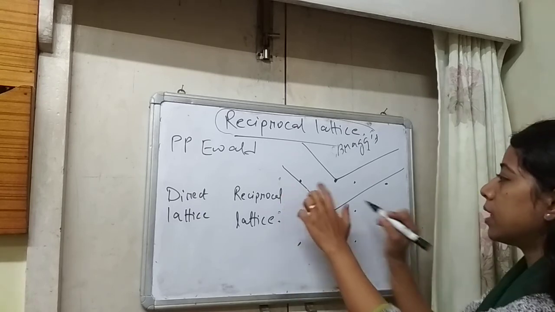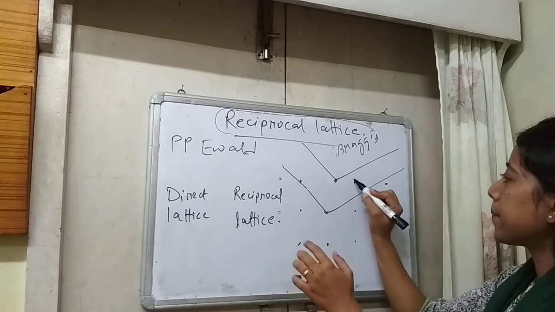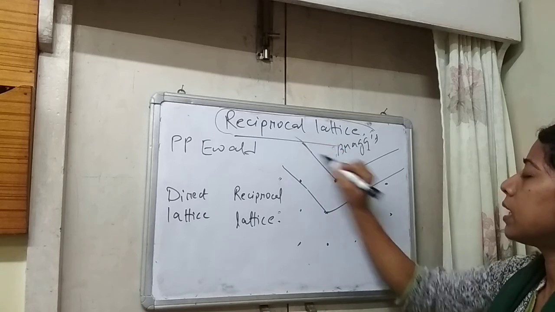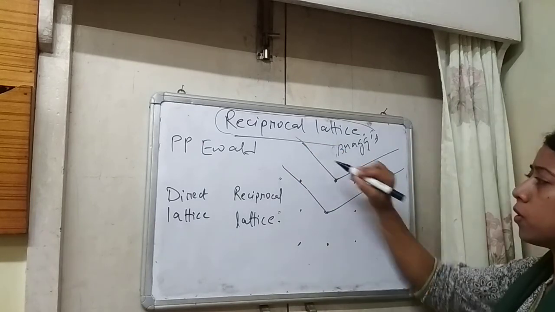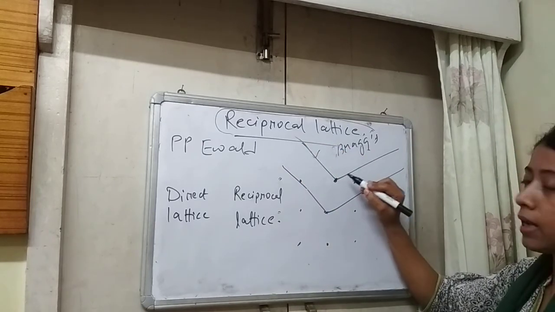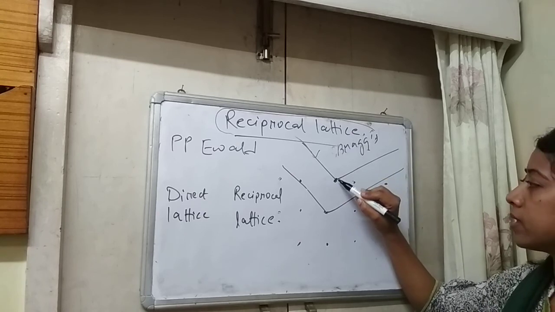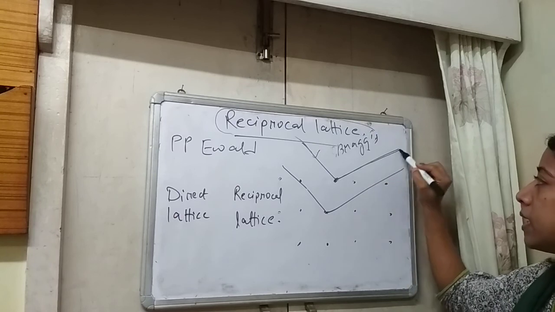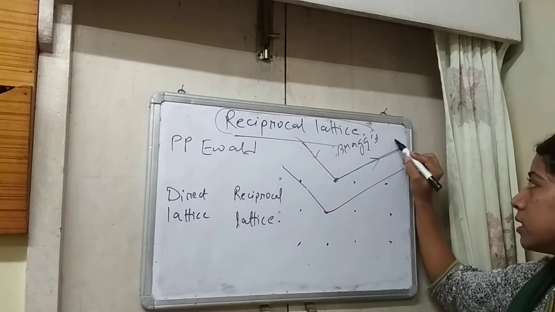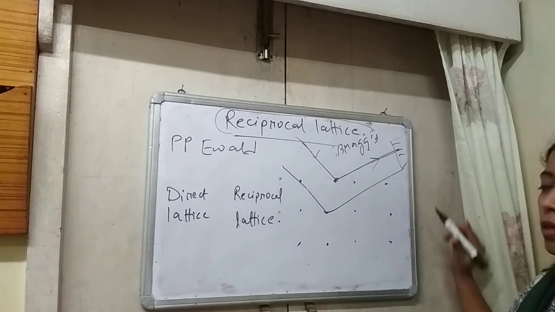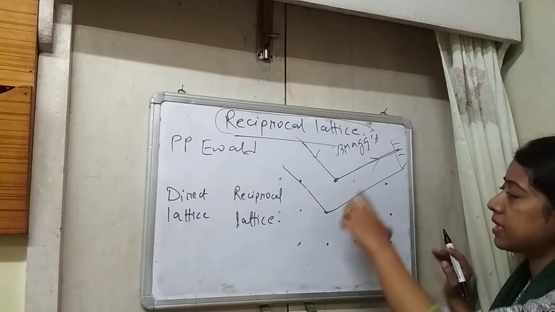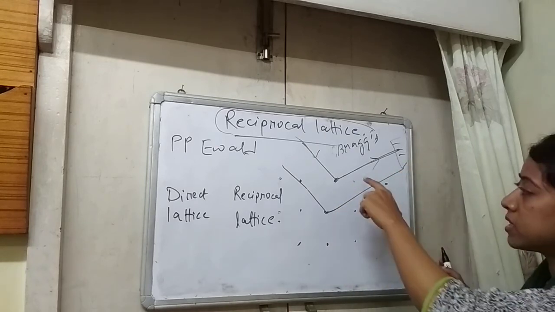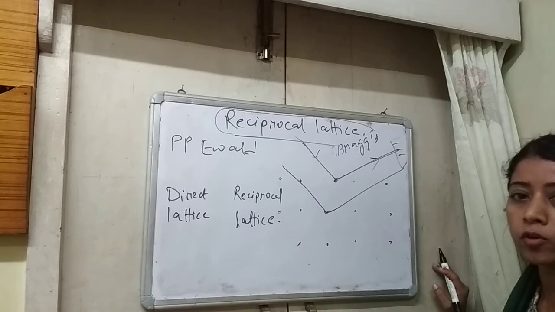I drew lattice points in such a manner, and we allowed X-rays to fall on them. After the X-rays struck the lattice points, the reflected X-rays were studied on a photographic plate.